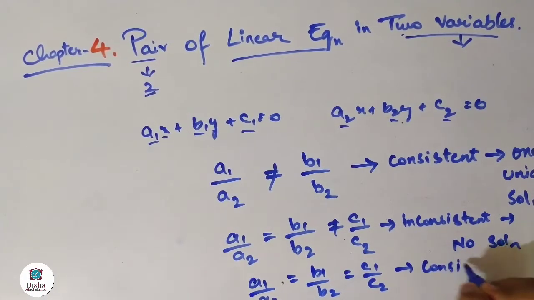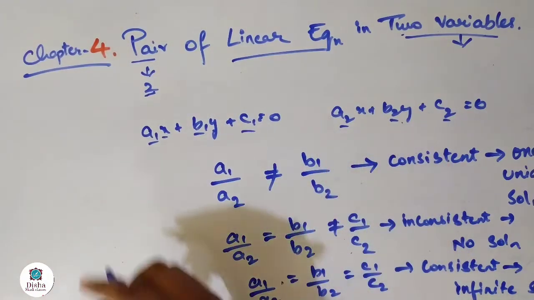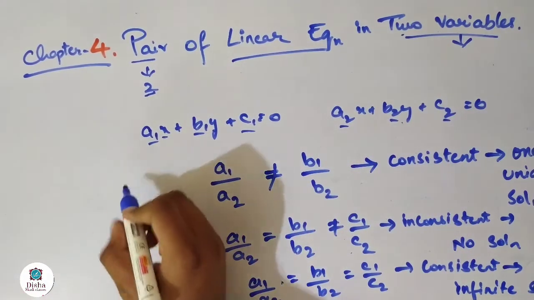Lines are consistent. Infinite solutions. Infinite solutions means many solutions, unlimited solutions. So here you see a1 by a2 is not equals to b1 by b2, so lines will be intersecting.